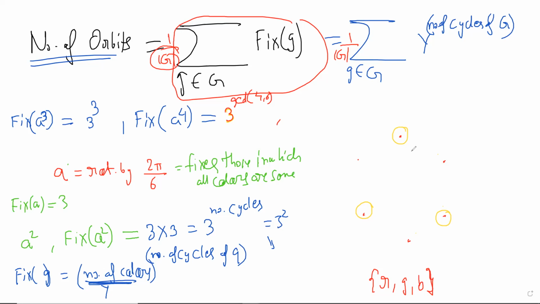Does that make intuitive sense? I was going to say, but that's probably not correct. I'm saying that this is an elegant statement: this is basically the average number of configurations fixed by a motion.